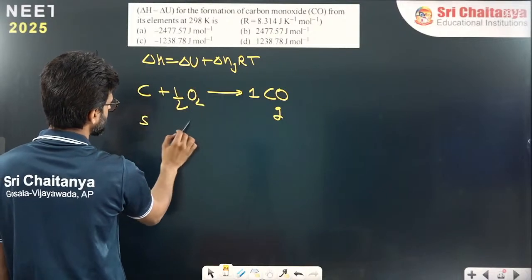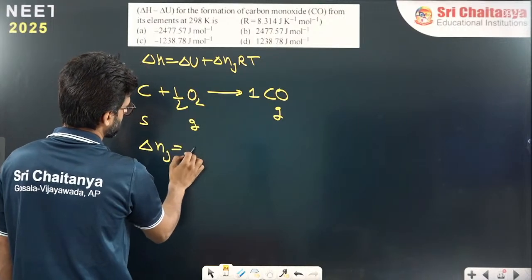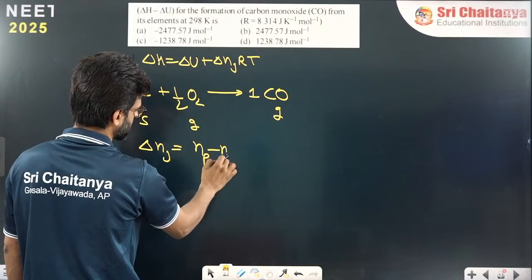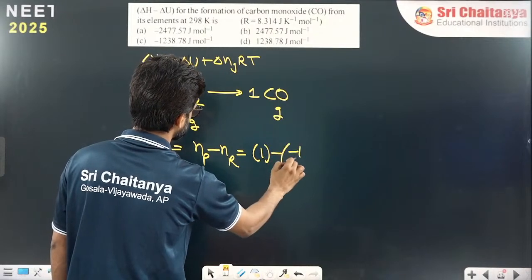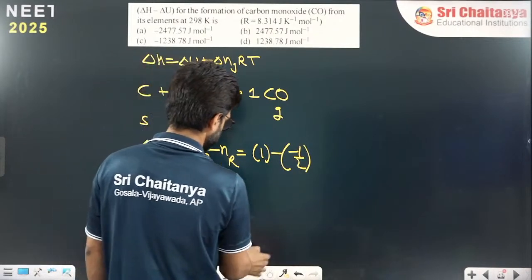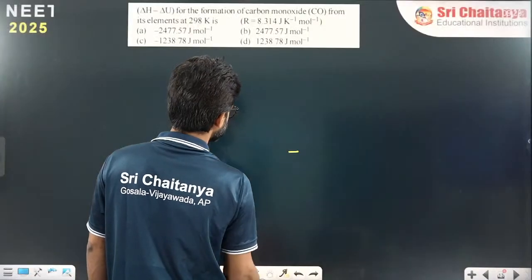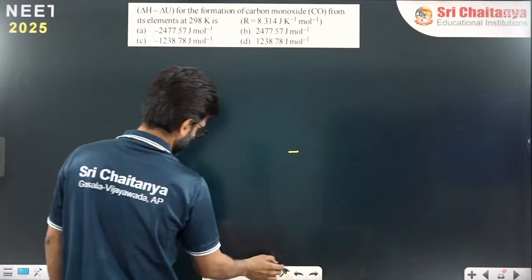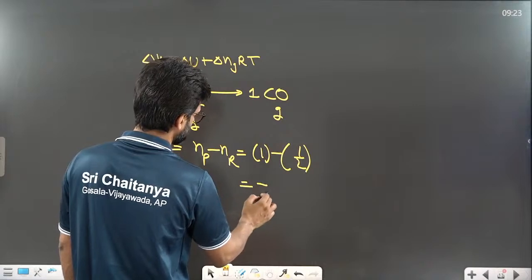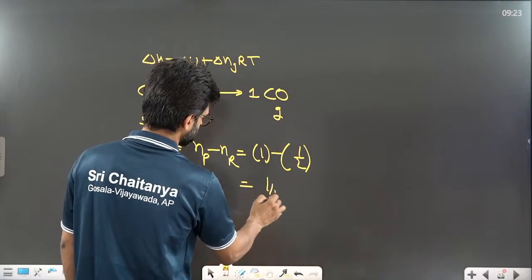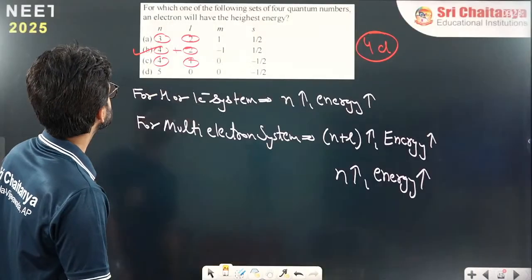Carbon is solid and O2 is a gas. So what is delta Ng coming from here? Product gas moles minus reactant gas moles, right? Product gas mole is 1 and reactant gas mole is half. So finally delta Ng is coming plus half, right? So we will use it.